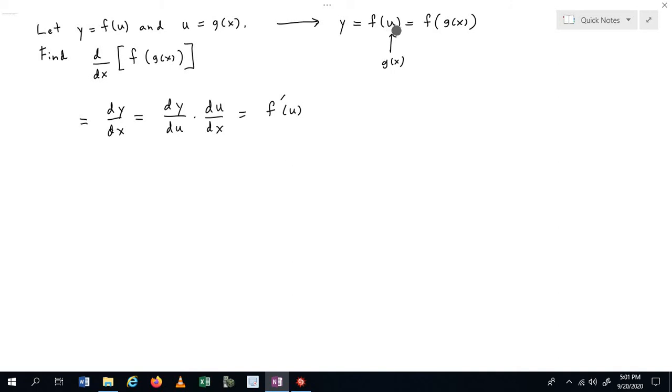Because f of u is equal to y, and we're taking the derivative of y with respect to u, in other words, f prime of u. Now du dx would be the derivative of this function with respect to x, which is just g prime of x. That's another way to write that derivative.